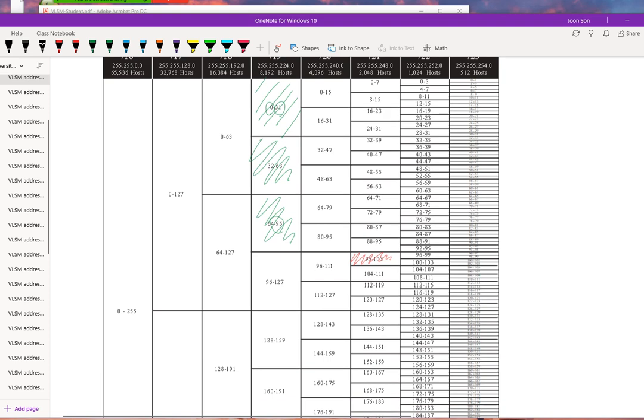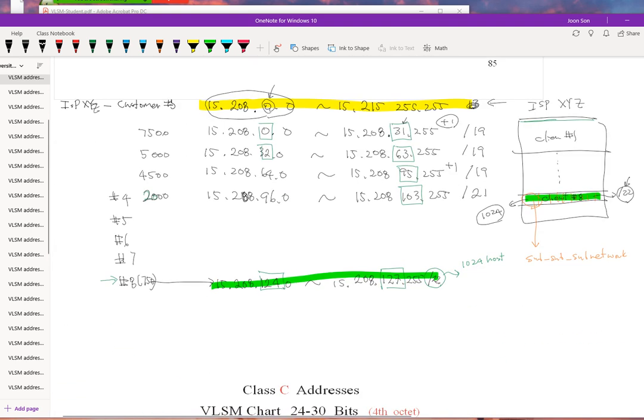And then we are going to divide this sub network into many different pieces with a different size. But I think in this slide, the author just calls it sub network. Anyway, let's take a look at this green network, client number 8 with a /22.